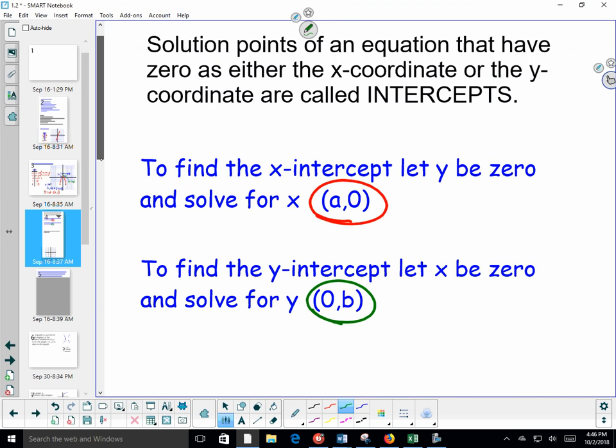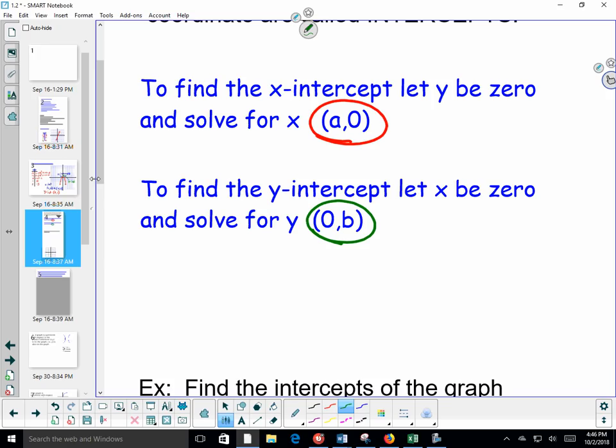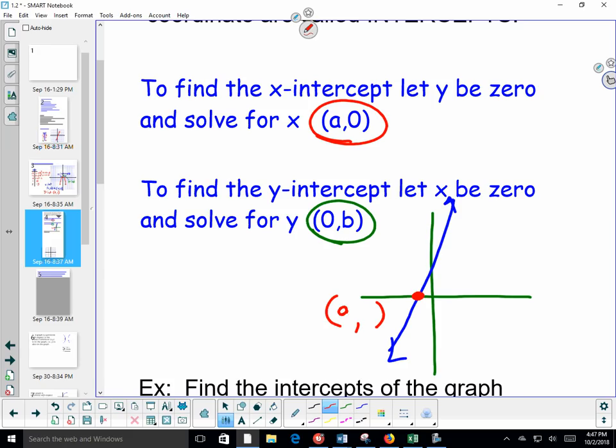To get a better visual of this, if we had this line, this point right here would be the x-intercept. I don't know what that ordered pair is, but I know I'm going to the left and not going up or down at all. So it's some number, I'll call it (a, 0). And this point right here would be my y-intercept. I know I'm not going left or right at all, so the x-coordinate is 0, and then I'm going up some distance, so I'll call that b.